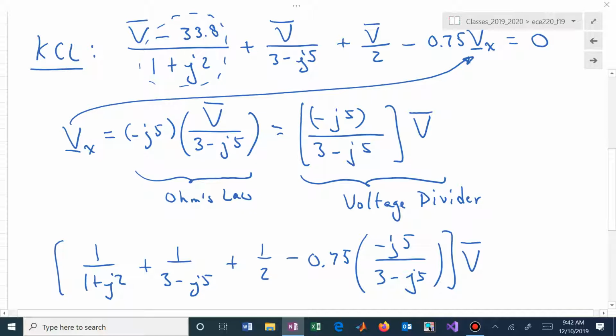All of those are scaling V. And then that equals 33.8 divided by 1 plus J2.